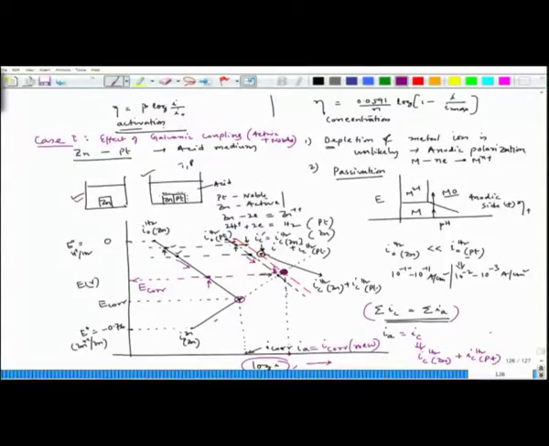What happens in that case? This particular current density would switch to some other current density, let us say at this point, because the exchange current density for hydrogen evolution on platinized platinum is higher than that on, say, a plain platinum surface.